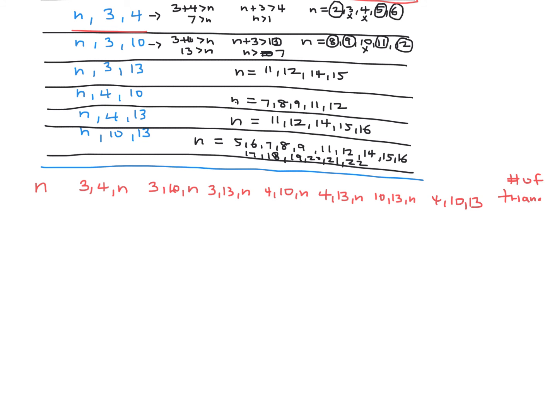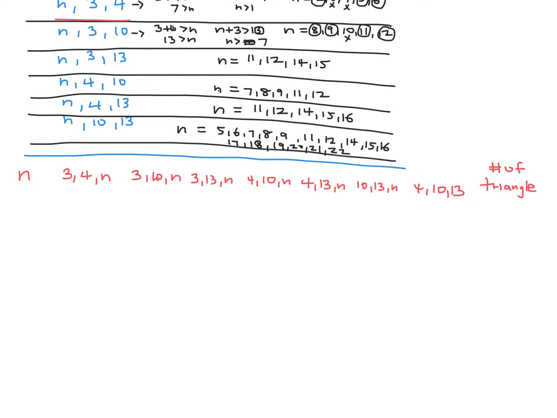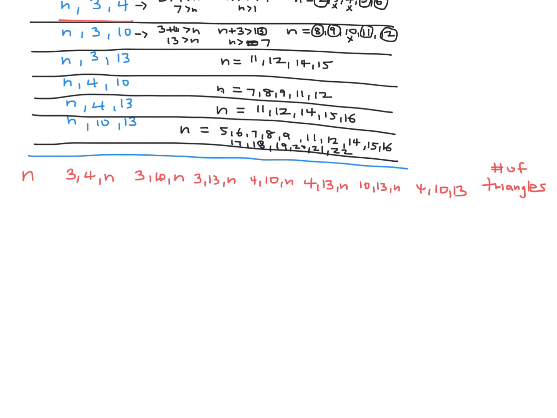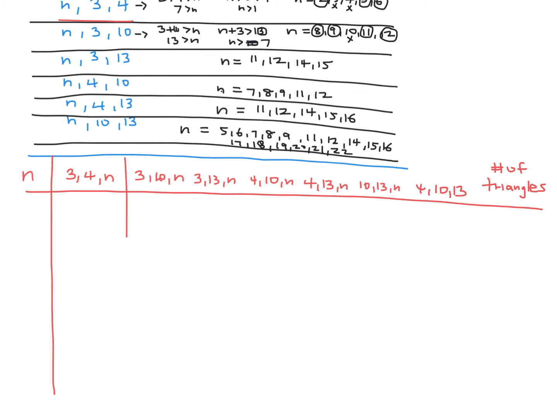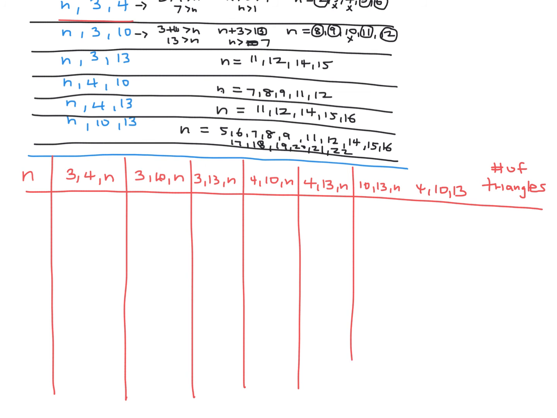And we want the number of triangles to be exactly 4, correct? Yeah. Okay, let's see what we get. So, we have a lot of n's, right?